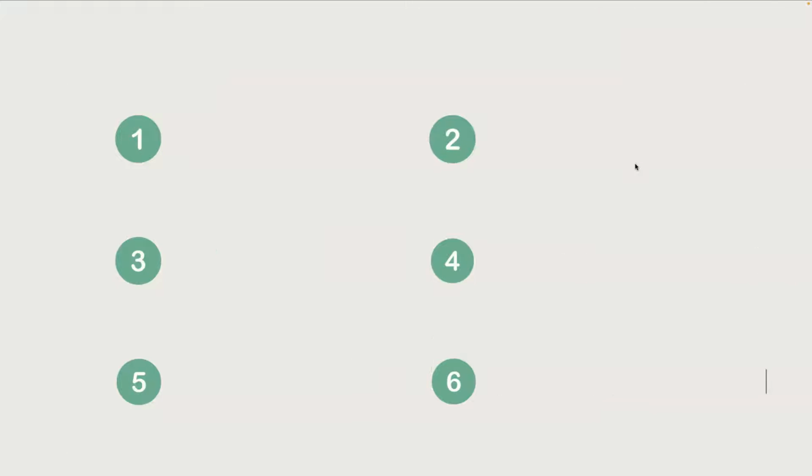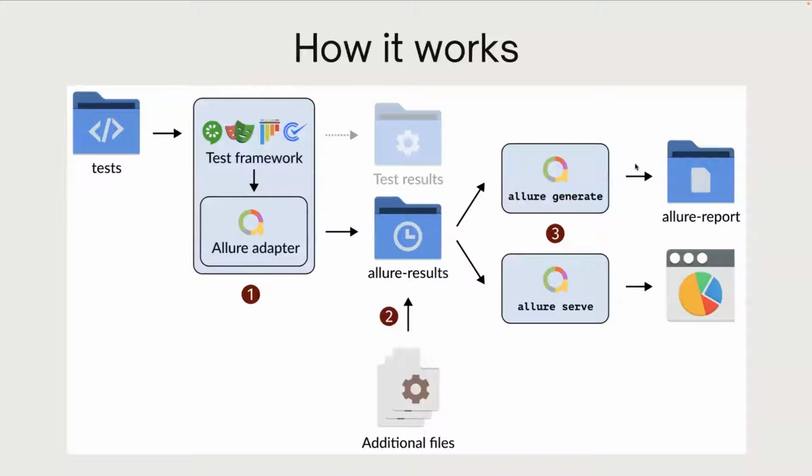Now, let's have a look at how it works internally. At a very high level, Allure report consists of a framework adapter and the Allure command line utility. In this, we have to run our test as usual from either command line or from your IDE.